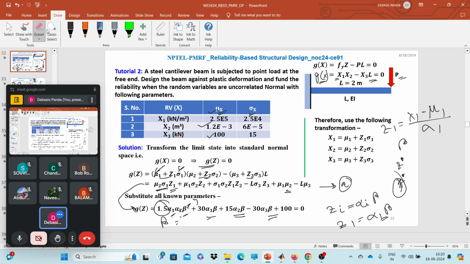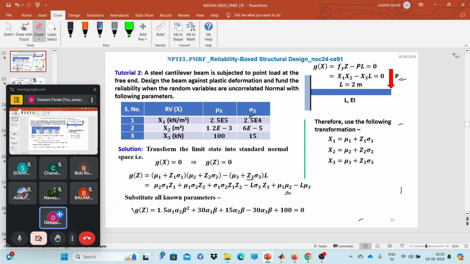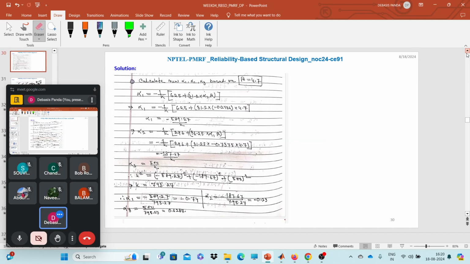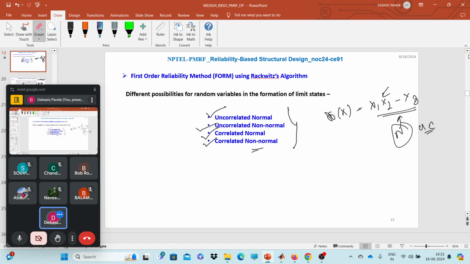So let's quickly go to the algorithm first. Now tell me, you got the algorithm, how this algorithm works and what it actually does? Yes or no? First you need to understand it, otherwise you cannot solve it. Okay, so let's go to the algorithm and we will solve some problems.